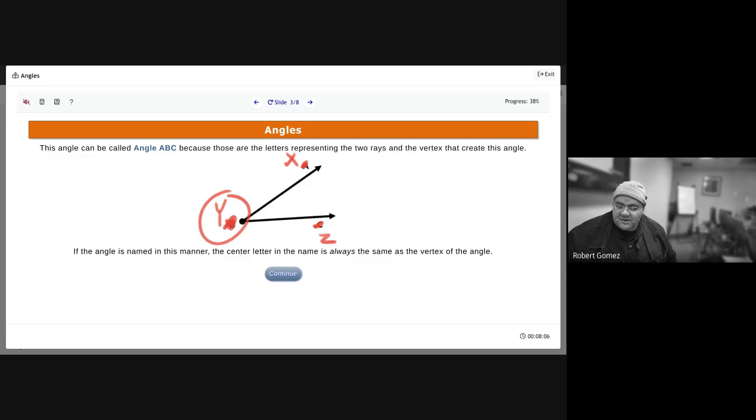So if I was to write this, I would use this symbol right here, that means angle, and this is angle XYZ. Because we always put the vertex in the middle when we write it out, when we label it.